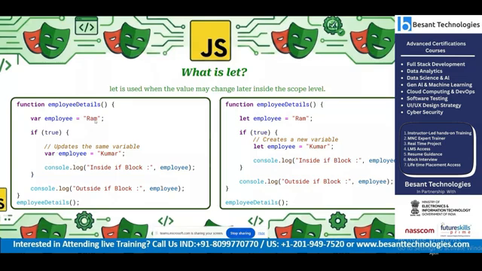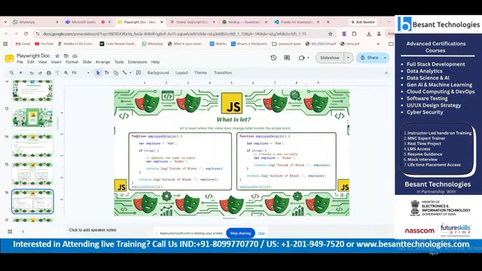In the same function, I had Ram and I'm applying the name Kumar again. So what happens is, outside it prints Ram, and inside it prints Kumar, but both variables are the same. I'll show you these things in real time. I'm copying the same code again.